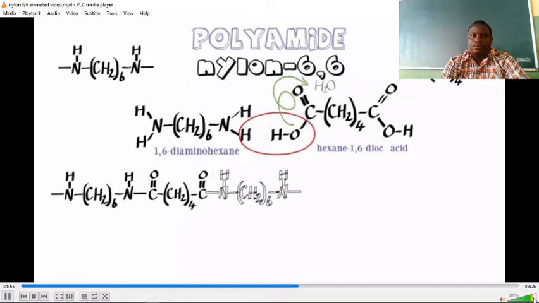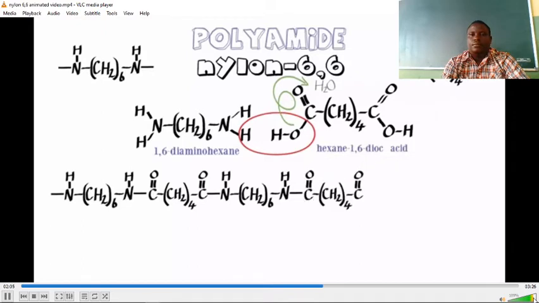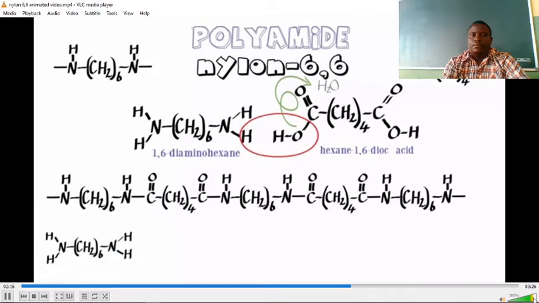Down comes another diamine monomer, bonding through its NH to the C=O. Down comes another dicarboxylic acid, and again it bonds through its C=O to the NH. And that NH-C=O, of course, is the amide link. So we're getting lots of these amide links as the chain grows in length.